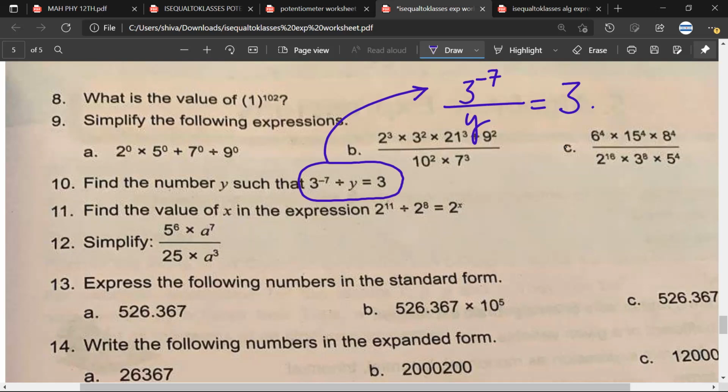3 raised to power minus 7. You can cross multiply this with this. So this will be 3 raised to power minus 7 is equal to 3y. Any confusion? No, sir. Sarthak, can you tell me the next step?